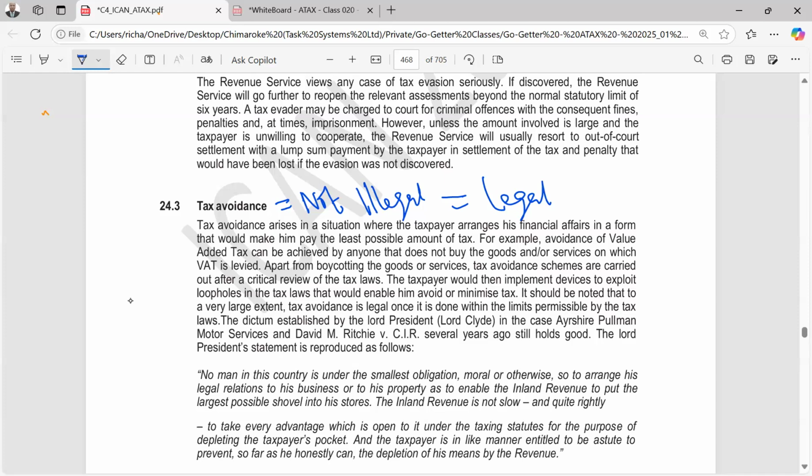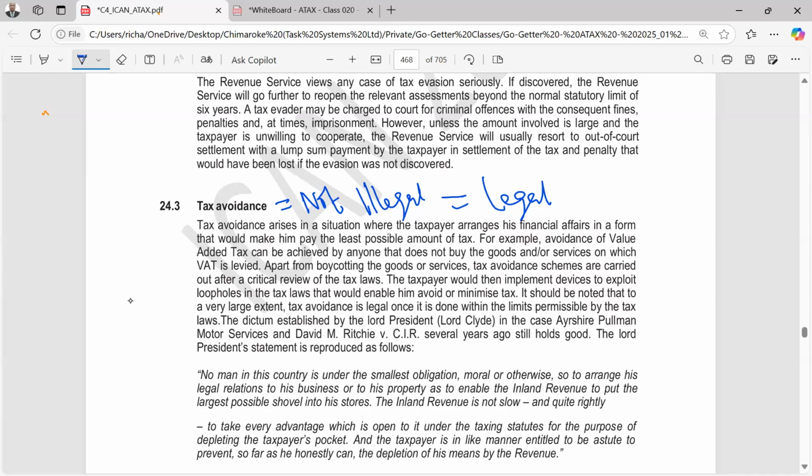So we could say that tax avoidance is also linked to tax planning. When you plan to reduce your vatable income, or plan to increase your capital allowances claimable, that's tax avoidance. When you plan to take advantage of pioneer status, that's tax planning, and that's tax avoidance.